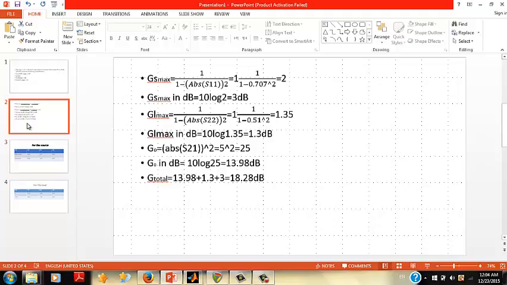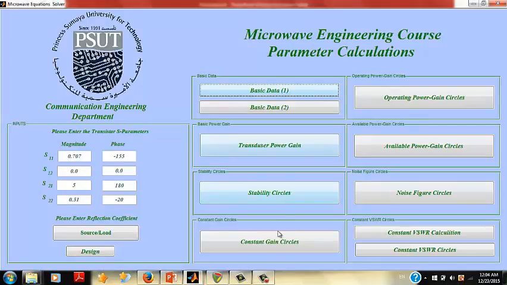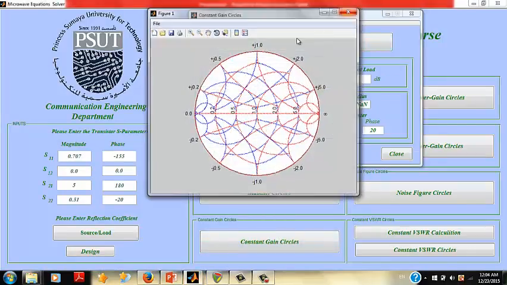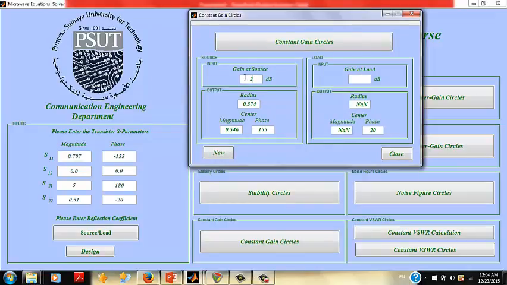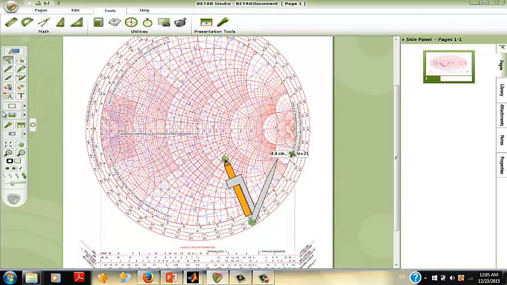Now we need to insert the 2 dB for the constant gain circles for the source in the calculator, to find the radius and the magnitude of the center. The phase is conjugate to S11 phase, 155. Now we use the Smith chart book and draw the phase first.